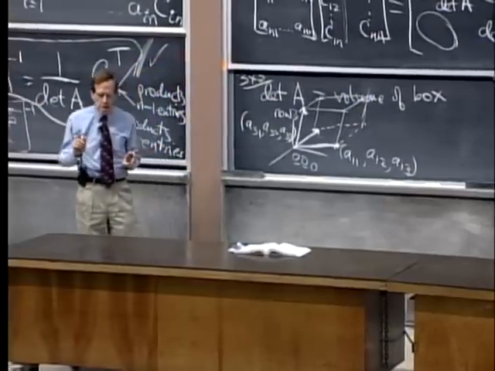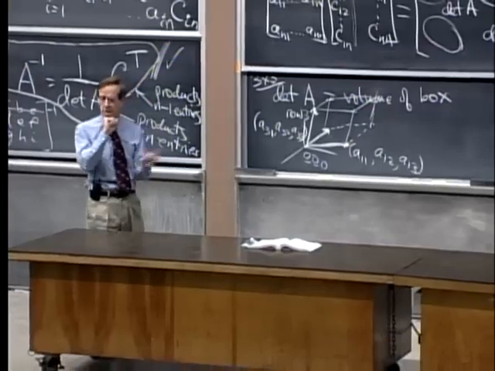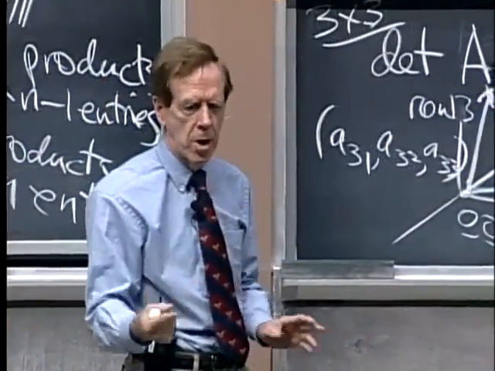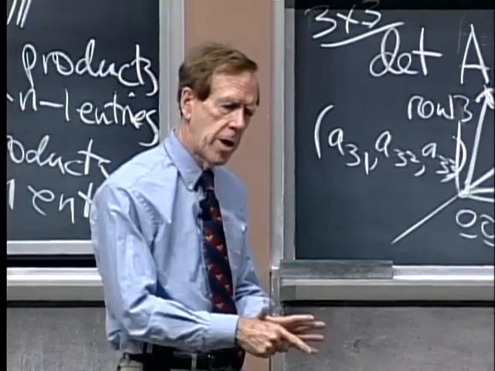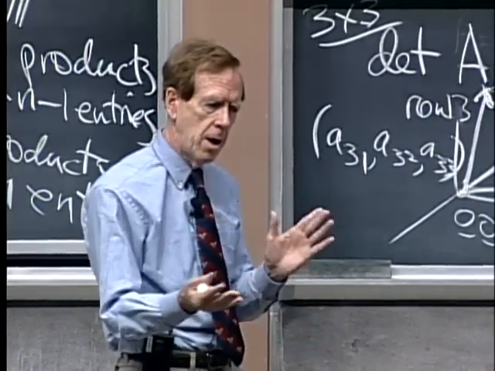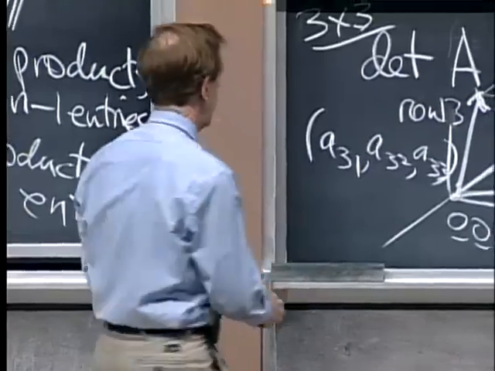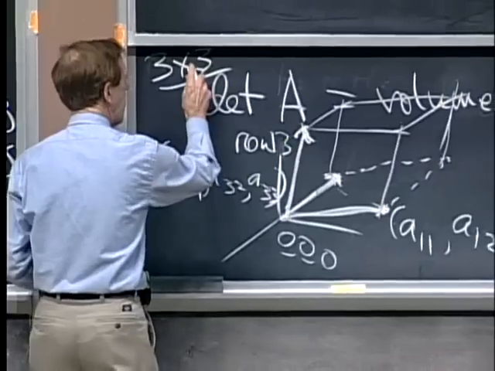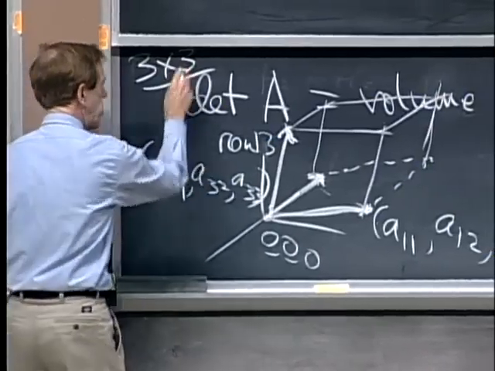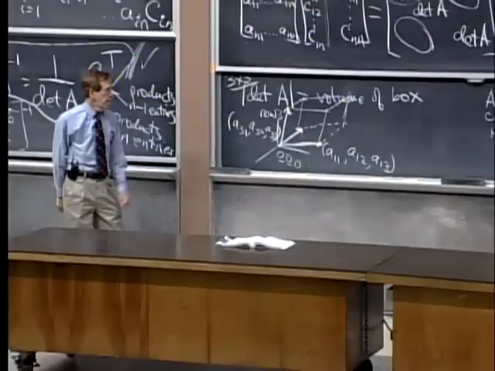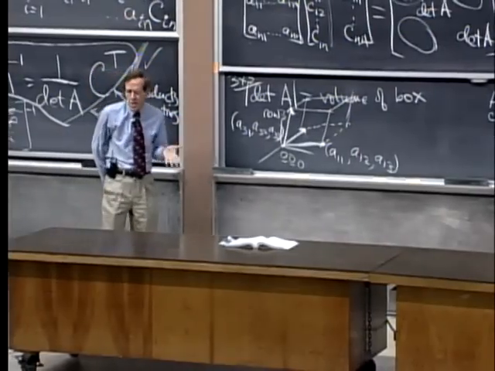Now, it's possible that the determinant is negative. So we have to just say what's going on in that case. If the determinant is negative, then for the volume, if we think of volume as positive, we should take the absolute value of the determinant. But what does the sign of the determinant tell us?